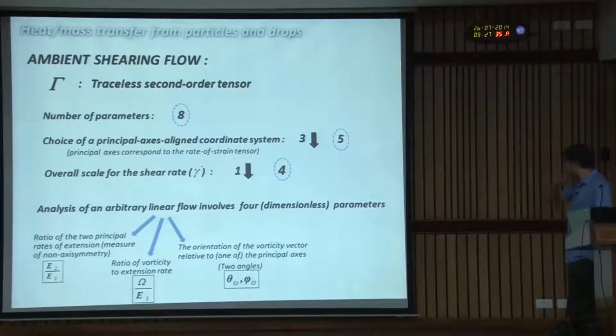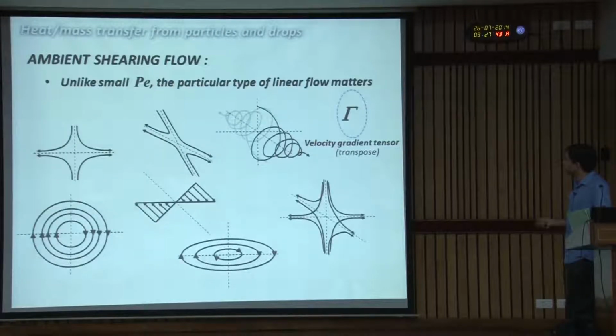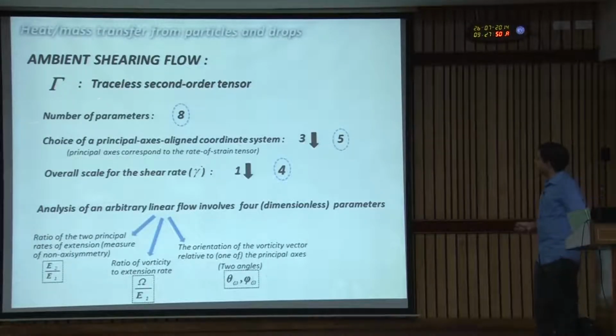Right. So before we really do any particular problem, we can see, if we want to characterize how many parameters the Nusselt number depends on, we are dealing with incompressible flows, so that tensor is traceless and of second order. So it has 8 parameters.